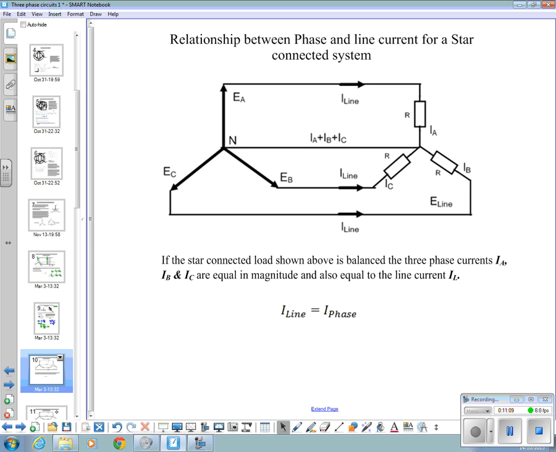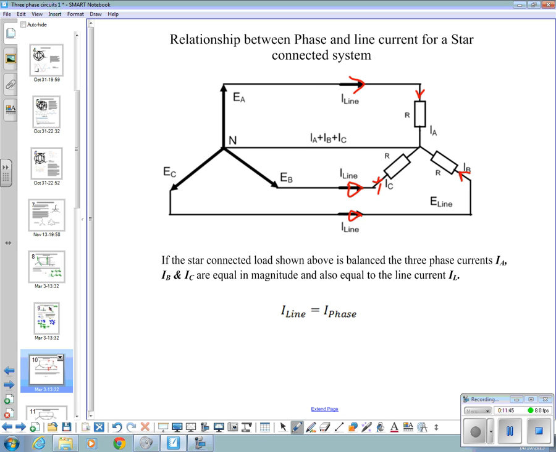Phase and line current. If we look at a complete connected system where we have a star connected generator connected to a star connected load, we've got line currents 1, 2, 3 flowing, and in a star connected load those same currents flow in the 3 phases of the load.